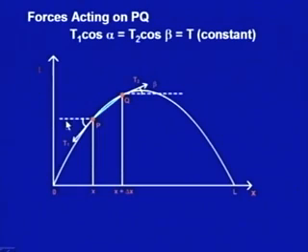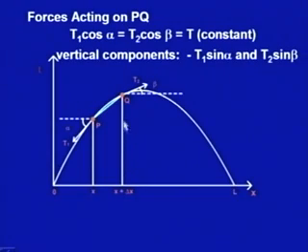What we are assuming is that the horizontal part of this tension should be constant, because we are saying that there is no horizontal motion. So, it should be constant. This force is T1 cos alpha, here this force is T2 cos beta, and that should be a constant, so let us say T. Moreover, the vertical component of T1 would be minus T1 sin alpha.